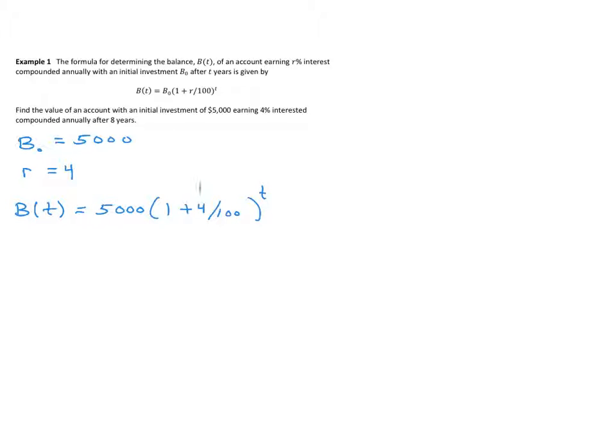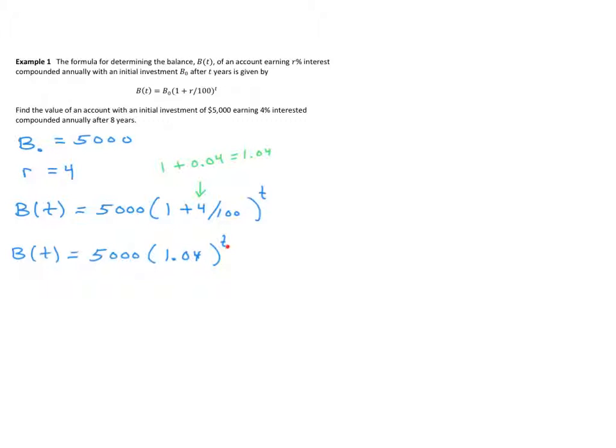If we look at what is inside the parentheses, we have 1 plus, taking 4 and dividing it by 100 converts it to a decimal, and so that's 1.04. I can now write my formula even more simply as 5,000 times 1.04 to the power of t. So this is an exponential function.